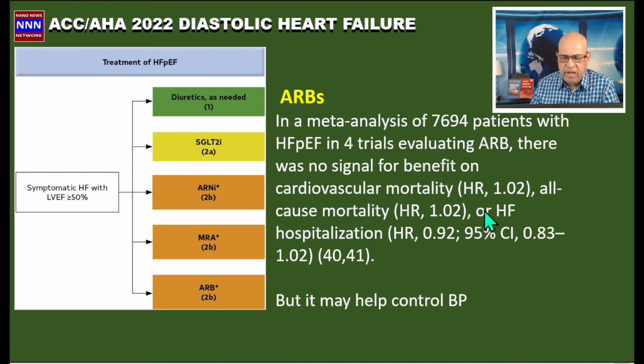The only thing was a mild reduction in hospitalizations. But if someone is having hypertension, ARBs are definitely a drug of choice in controlling their hypertension, and hopefully it would help to reduce the symptoms and minimize the need for hospitalizations.